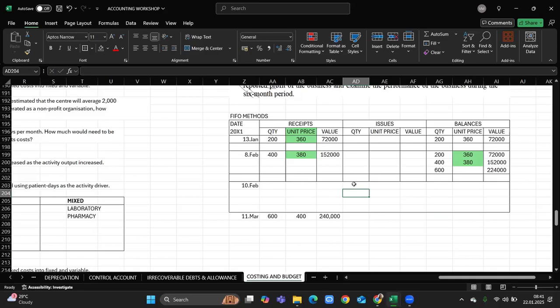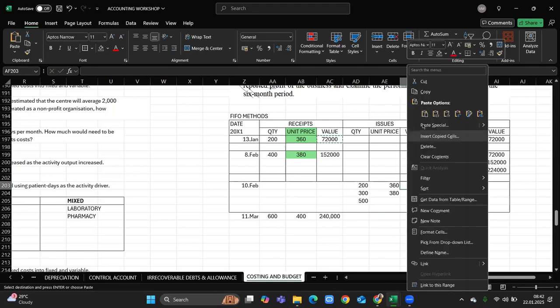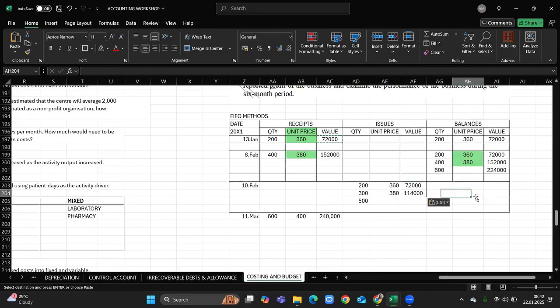Okay? You have to understand here we are getting 500, right? So when we say it's a 500, the entry is going to be in such way. Okay? Which is 200 and 300. Why am I taking 200 and 300? Who can give me this explanation? Because the FIFO method needs to take the first price, the 200.